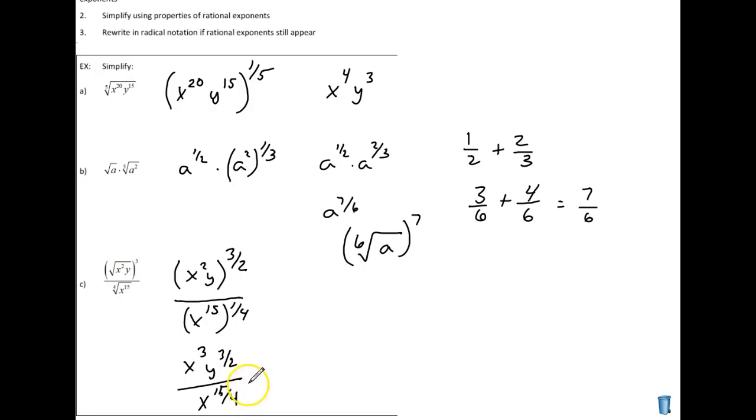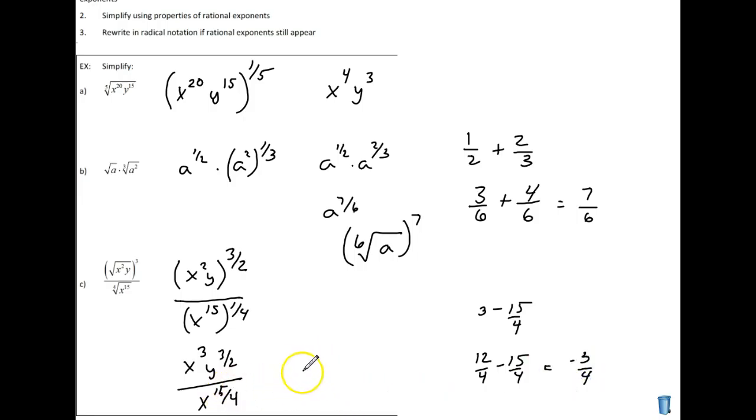Okay? Now I have same base, so I'm going to subtract those exponents. So I have 3 minus 15/4. Common denominator says this is 12/4 minus 15/4, which gives me a negative 3/4.